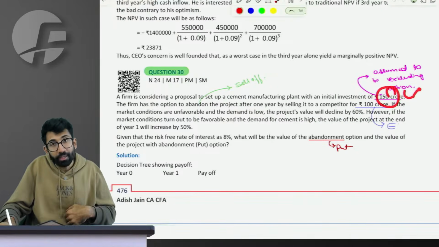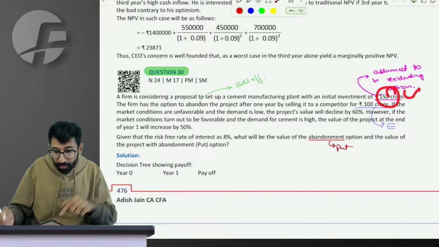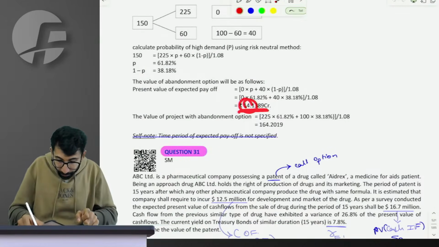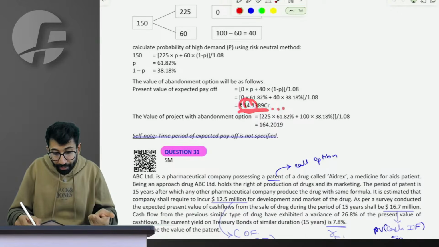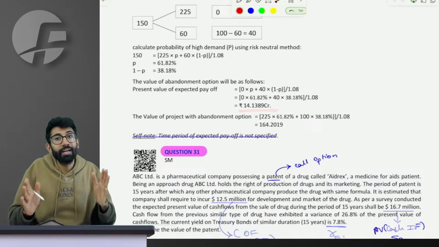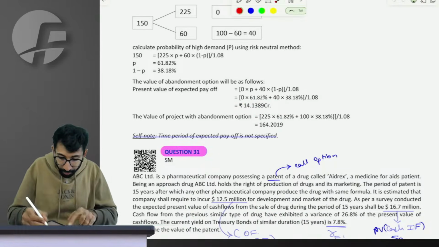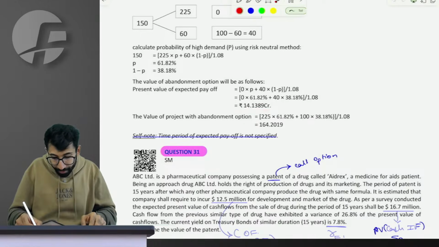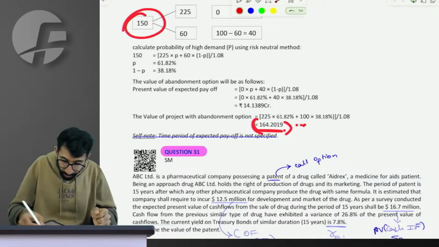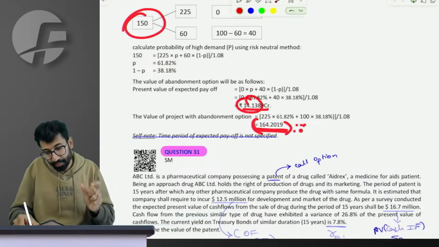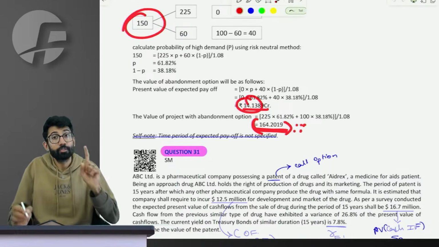I will pay 150 to buy the project, and I will pay 14.1389 crore to buy the put option. So the total value of the project along with the put option becomes 150 plus 14.1389, which is 164.1389. There must be some rounding error we are facing, but logically the answer should be 164. This is one way to think.